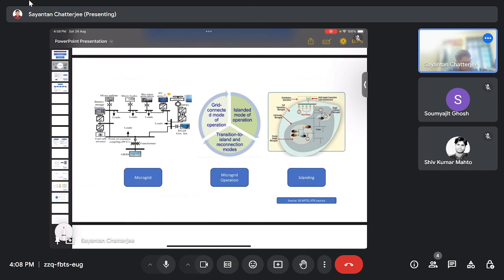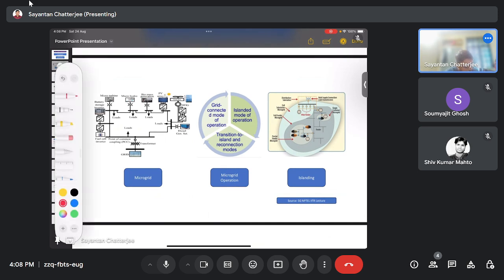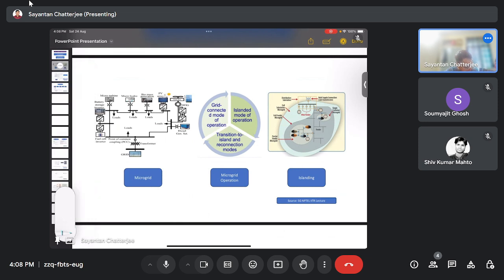Here we can see that previously our transmission systems were the only part that acted as a medium between the generation and the distribution.